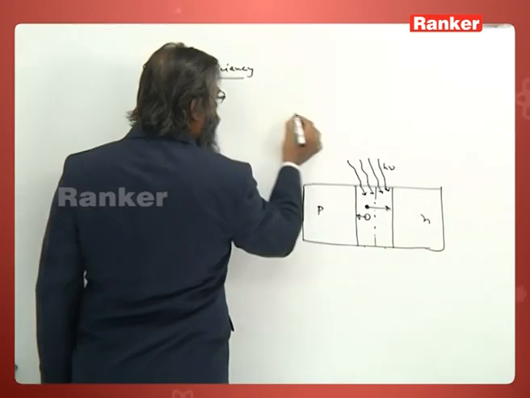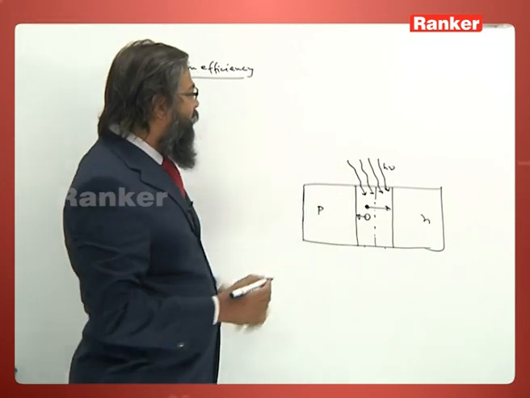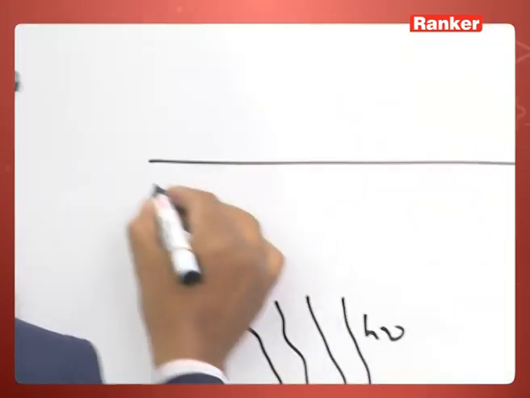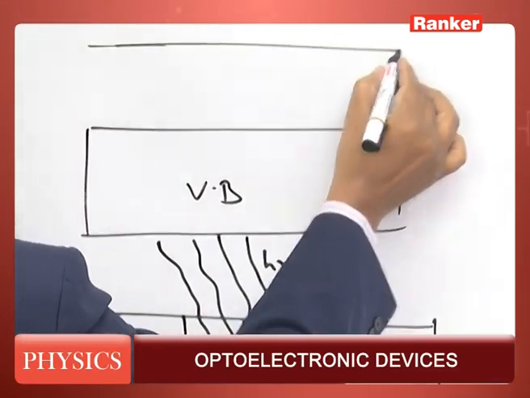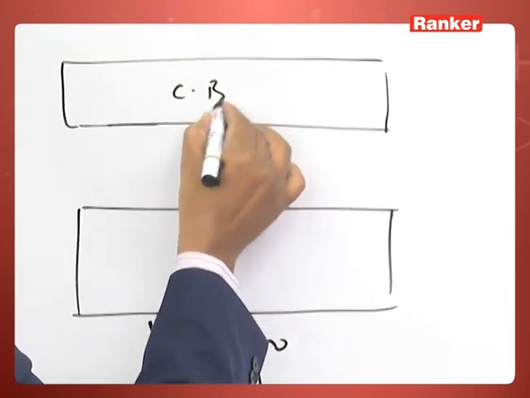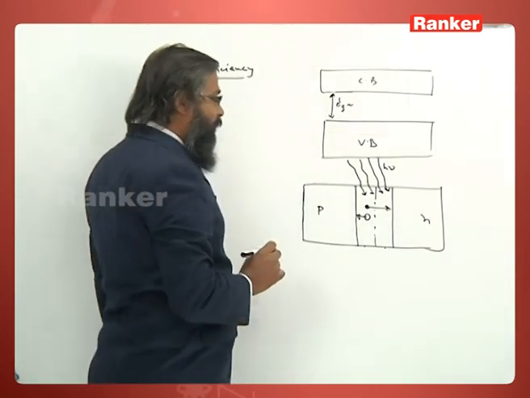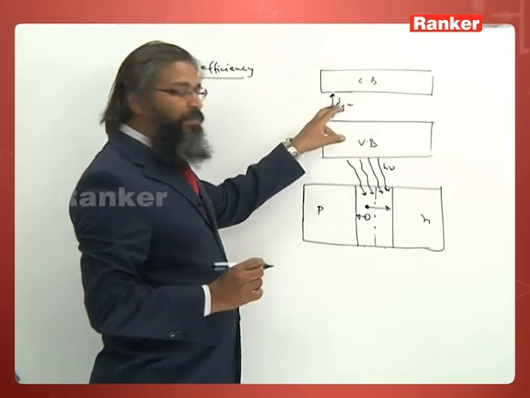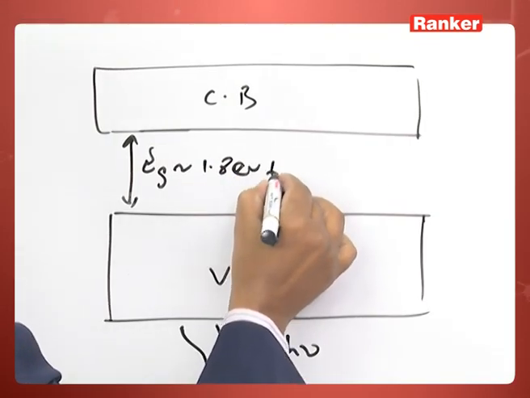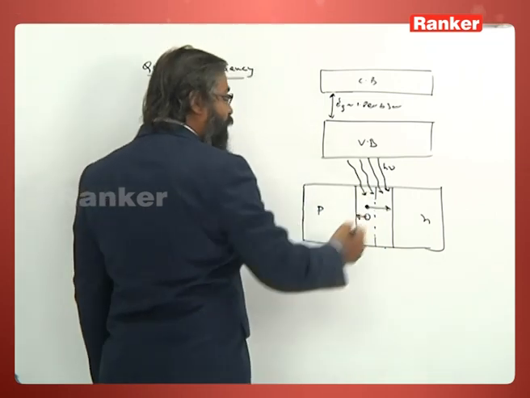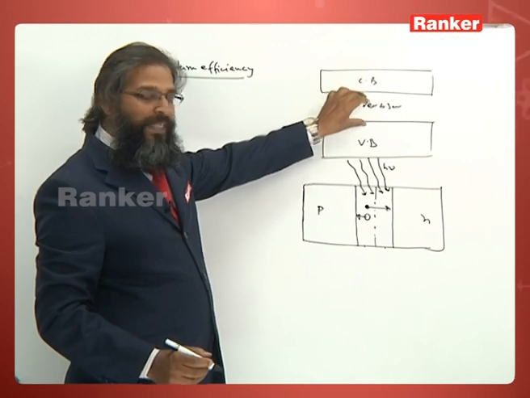So you see, all the photons may not be absorbed and cause a transition from valence band to conduction band. This is the valence band and this is my conduction band. Eg lies in the visible range, from 1.8 electron volt to 3 electron volt. So if I am using this photodetector for suppose 2.5, I will be keeping it from 2.5.